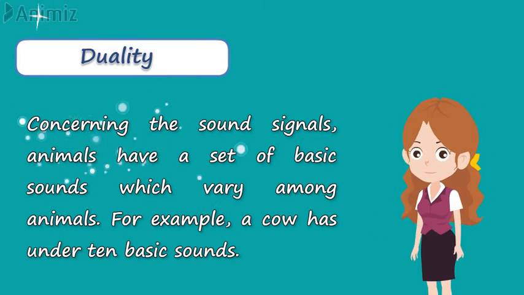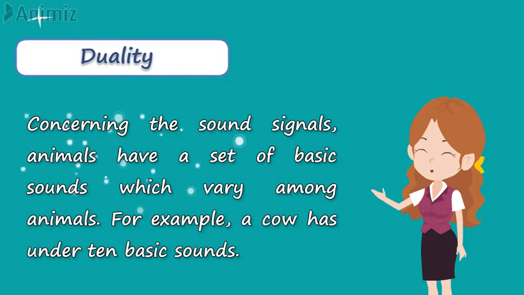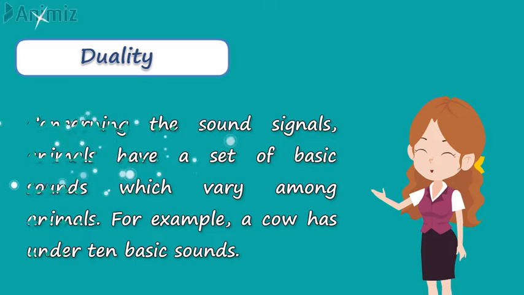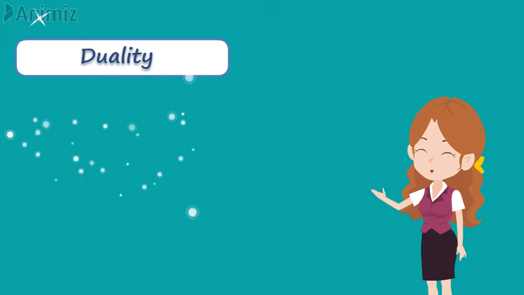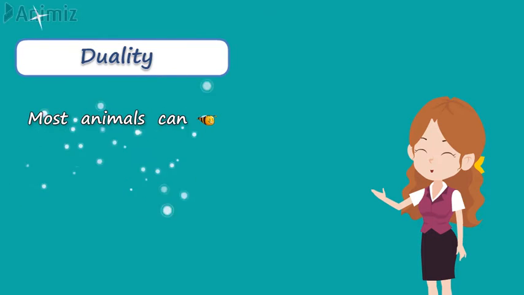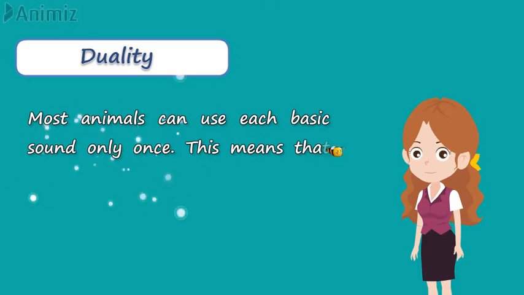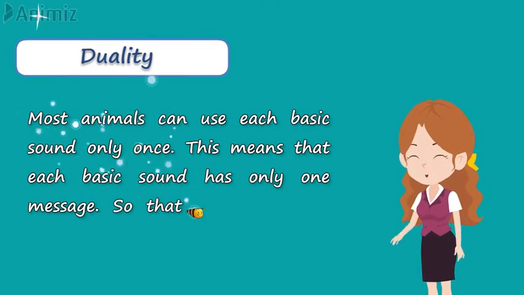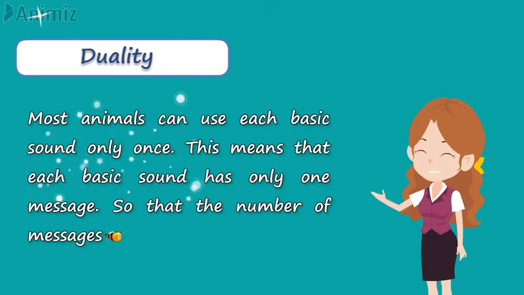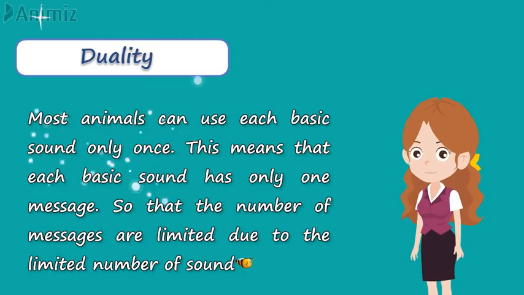For example, a cow has under 10 basic sounds. Most animals can use each basic sound only once. This means that each basic sound has only one message, so that the number of messages are limited due to the limited number of sounds.